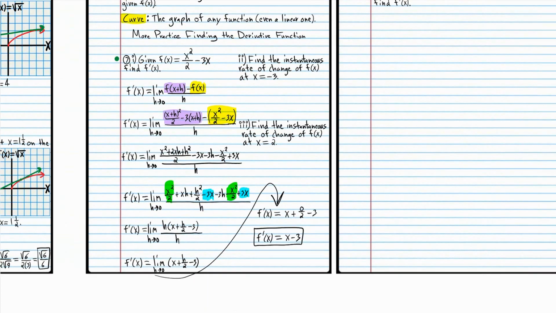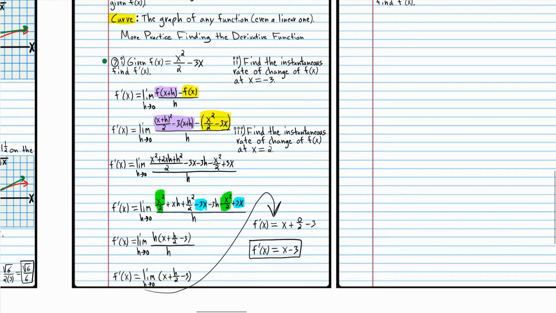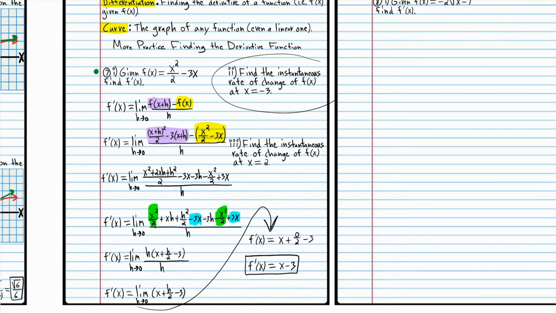So that is the derivative function. So if you got that right, excellent. But now we're going to find the instantaneous rate of change of the function f of x when x is equal to negative 3. Or we should say at x equals negative 3. Time is not really involved. So this function that we found down here, that's the instantaneous rate of change.